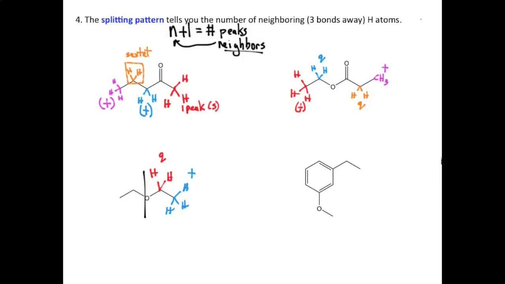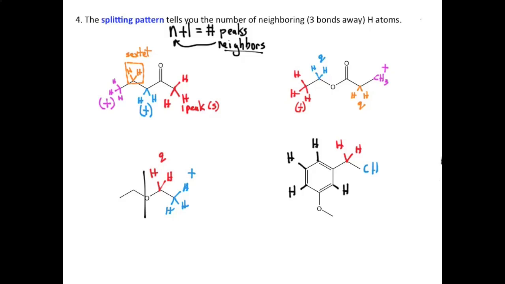Looking at our benzene ring example, in this case, on the basic model, we can ignore splitting on our aromatic ring. Not always, but that's the basic way to handle this.